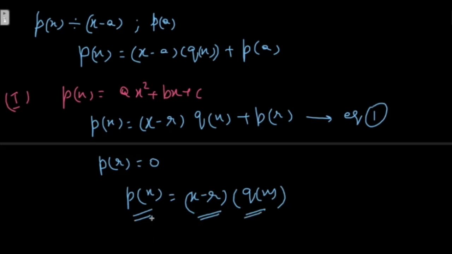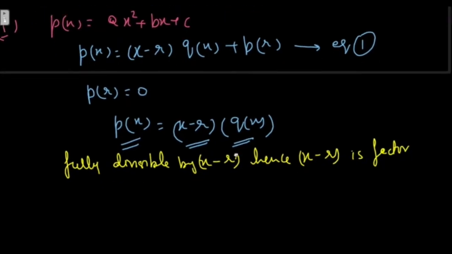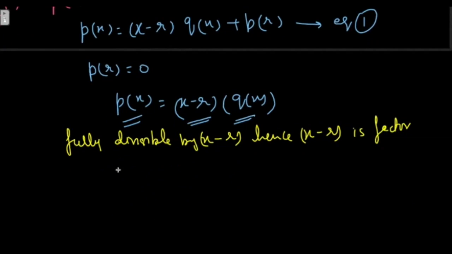Or you can say that this p of x is fully divisible by x minus r. Hence, x minus r is a factor of p of x, and that is what we are supposed to find, right?